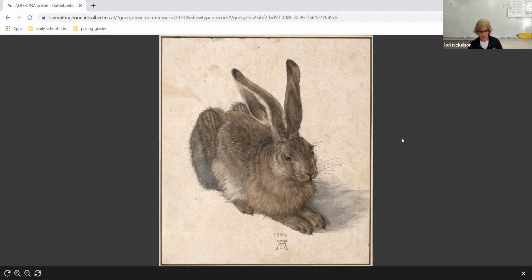What did you notice about this work of art? Well, I noticed that there's a bunny sitting in the middle of the page. I also noticed he's got really big ears and it looks real. And it looks like he has brown fur, right?